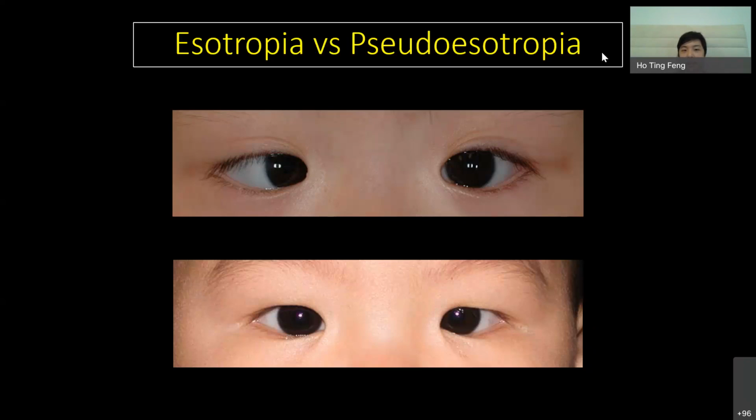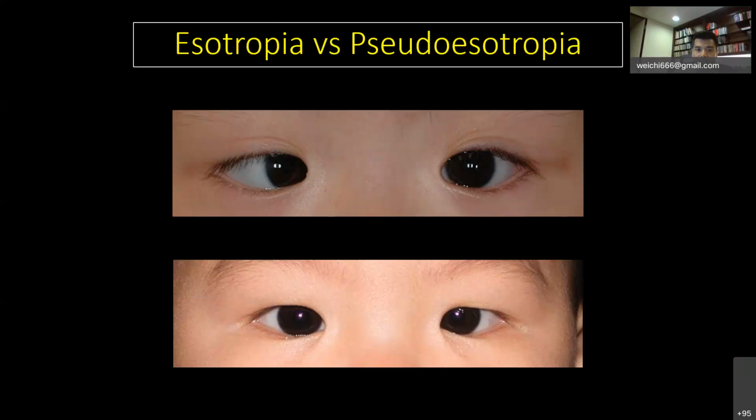Whereas in the bottom picture, when you compare the two eyes, it doesn't seem like there's much difference. Okay, so the upper photo has more obvious deviation than the bottom one, right?